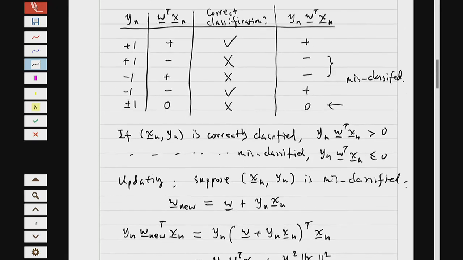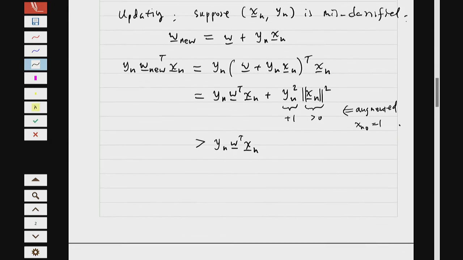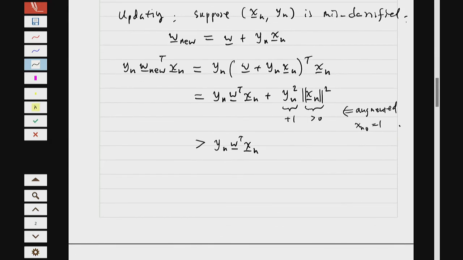And remember, in this table we want the points to be positive. So in every step, when we pick a misclassified point and update W, we push this misclassified point closer to a correctly classified point. It's strictly better.